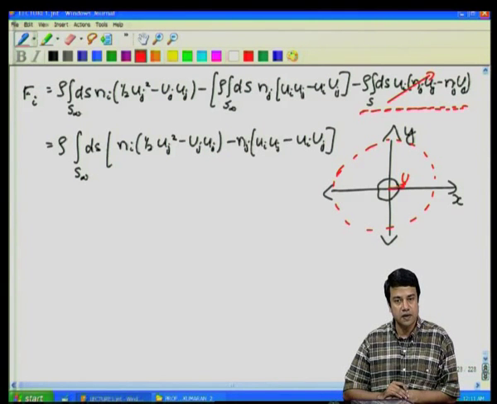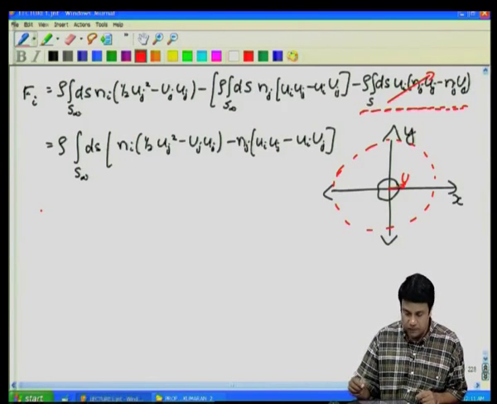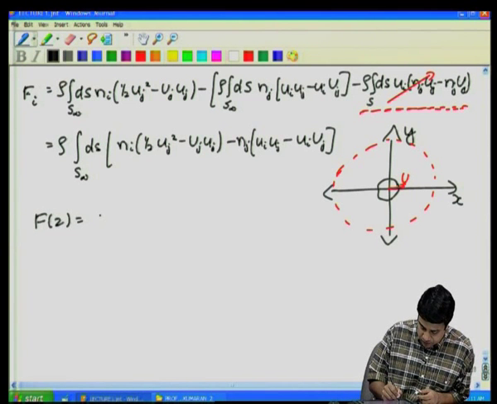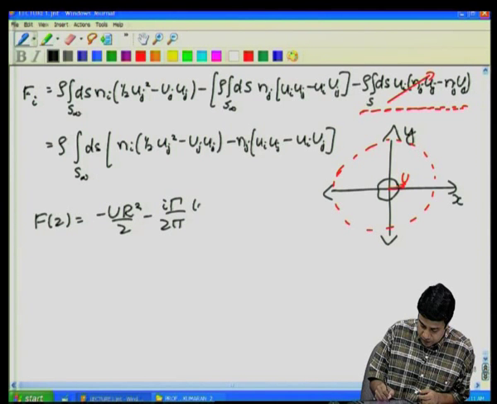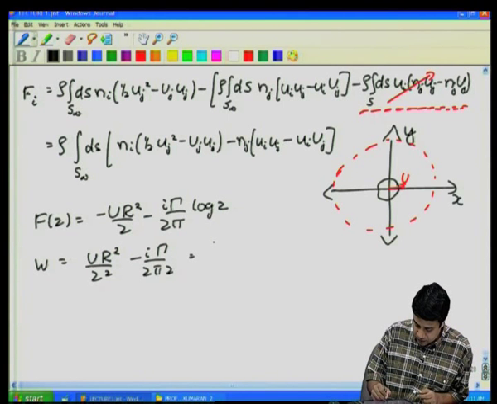If you recall, if there is circulation, we had got the velocity decrease for the flow around a cylinder. The complex potential is equal to minus U r squared by z minus i gamma by 2 pi log z, which means that W is equal to U r square by z square minus i gamma by 2 pi z.